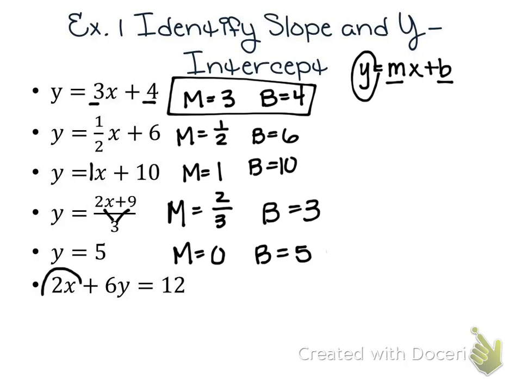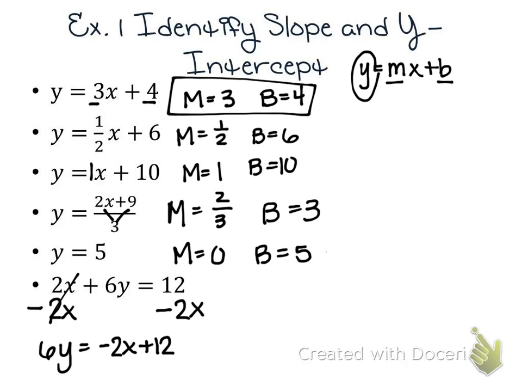So I need to move the 2x first, which means I need to subtract 2x. I don't want to divide by 2 because I want to move the whole thing. Negative 2x plus 12. Now I need to divide everything by 6. And I'm going to get y equals, let's reduce this fraction.